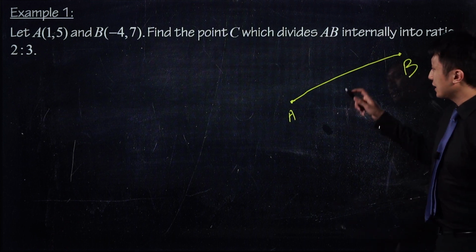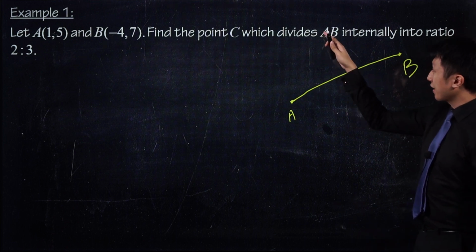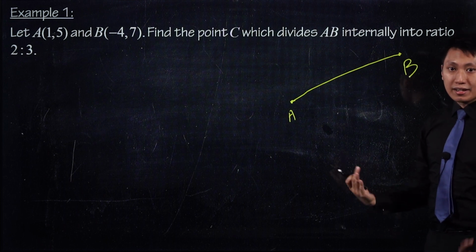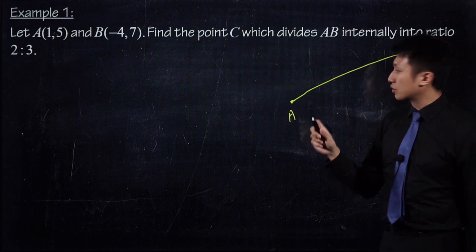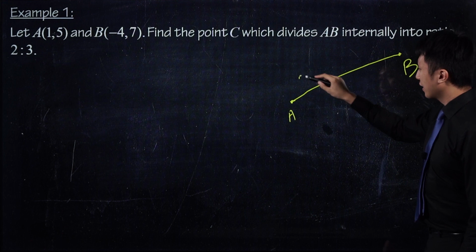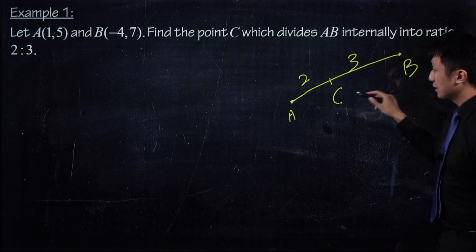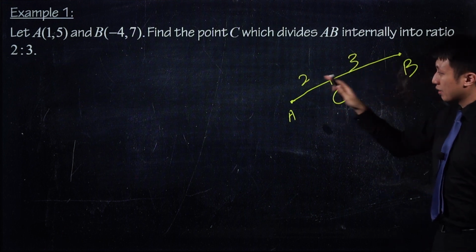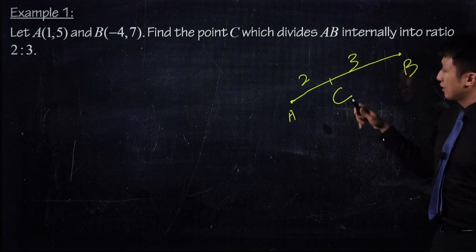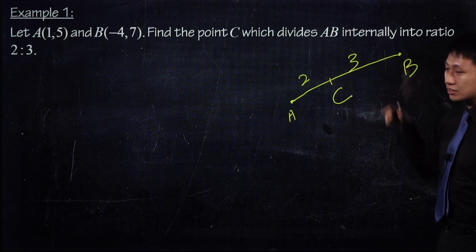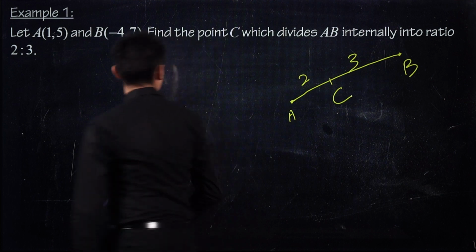Then C is in the middle, and AB is divided internally into 2:3. So C divides AB into 2:3, and AC to CB is 2:3.